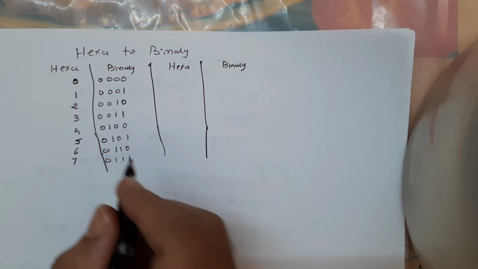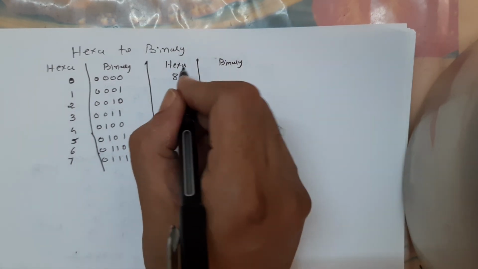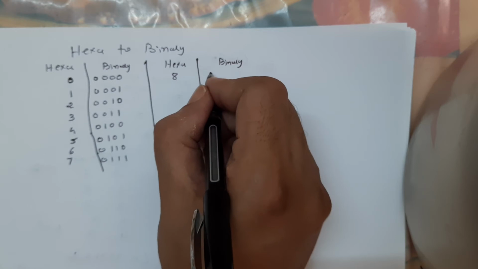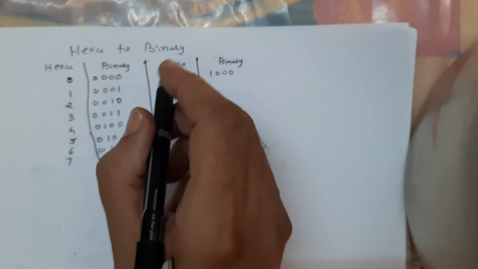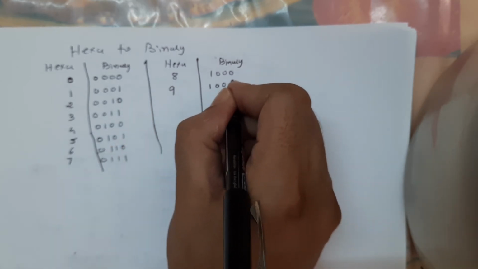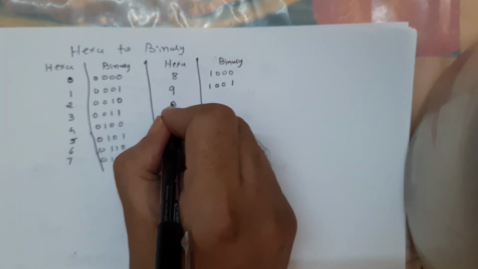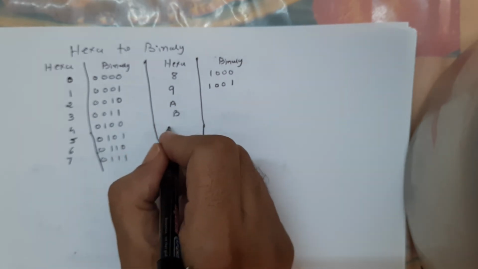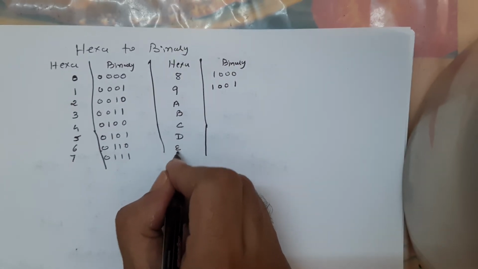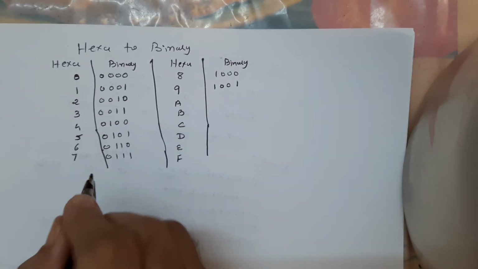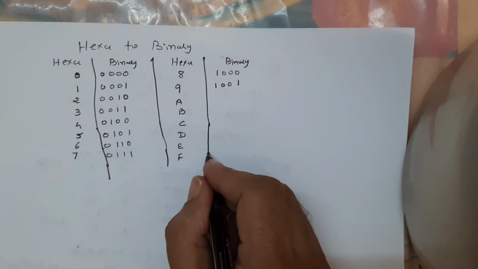If the hexadecimal number is 8, the binary number is 1, 0, 0, 0. 9 is 1, 0, 0, 1. After 10: A, B, C, D, E and F.